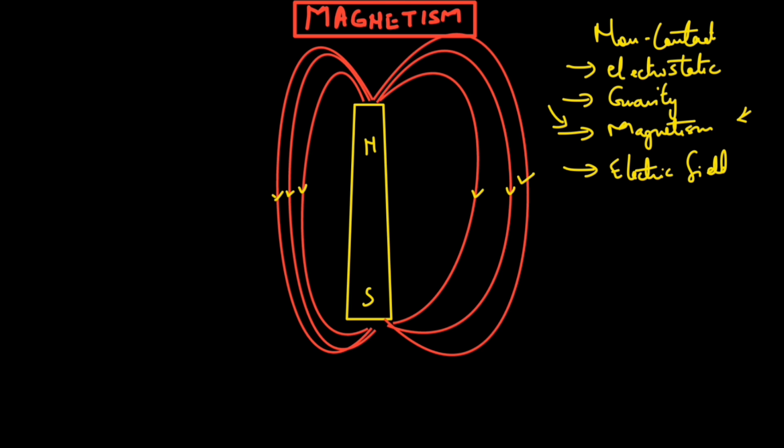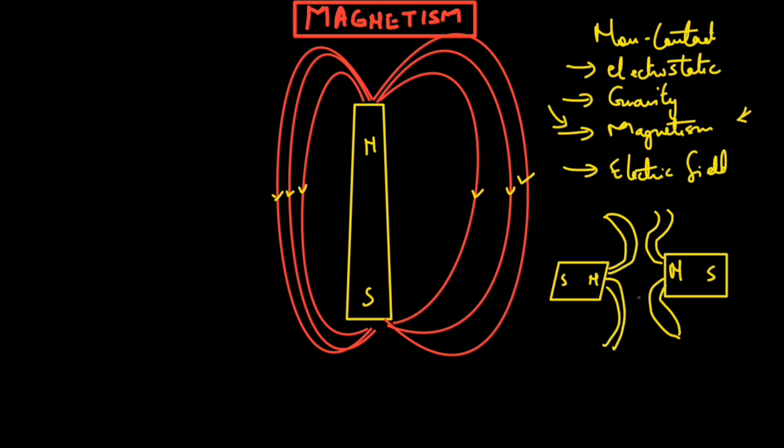Now let's talk about how like poles and unlike poles behave. Let's say you've got a magnet. A magnet will always have a south pole and a north pole. And then you've got another one here, north and south. Because they're like poles, they'll repel each other.